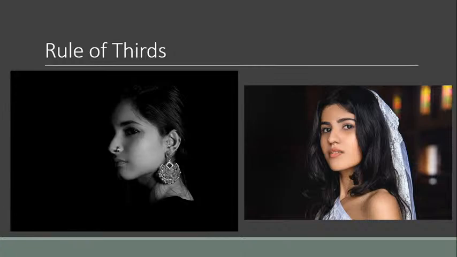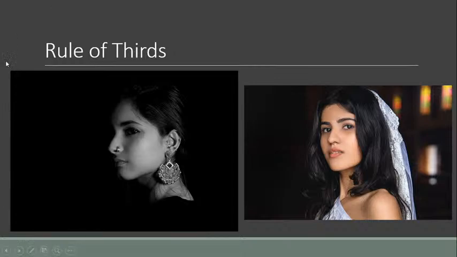So it is vital for a few shots, and it's not necessary to keep the model at the center, but it depends on the kind of pictures you're taking and wherever the model is looking. In this case, in the black and white image, the model is looking towards the left. So there has to be space on her left hand side and not on the right hand side.